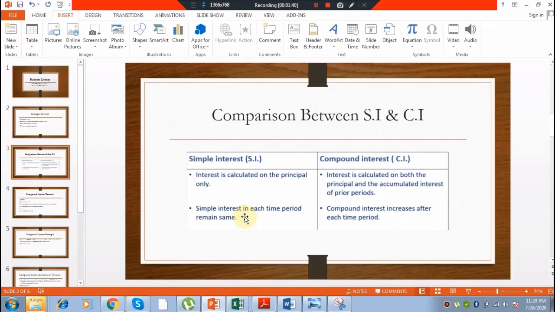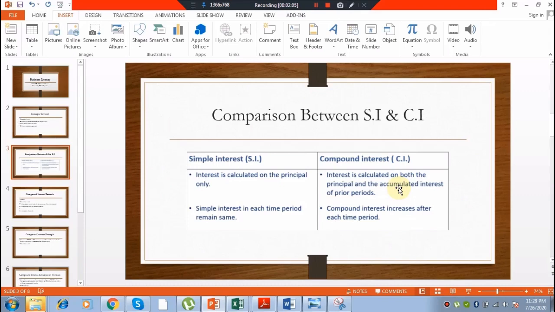However, in comparison, with compound interest, interest is calculated on both the principal and the accumulated interest of prior periods. Compound interest increases after each time period.